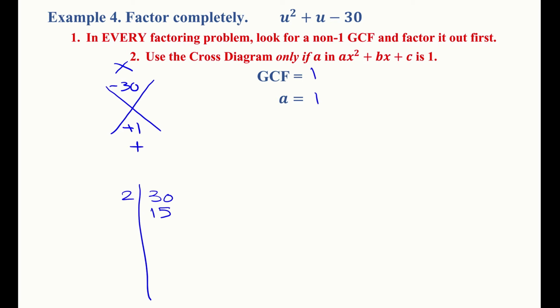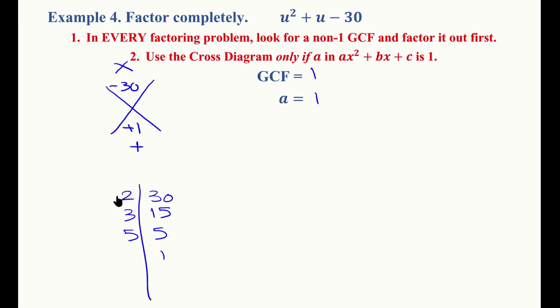So start with 2. 30 divided by 2 is 15. Then 3 goes into it 5 times, and 5 goes into 5 once. On the left here, we have the prime factorization of 30, which makes it very easy to find the factors that we can multiply.